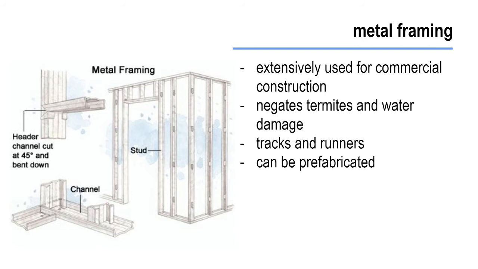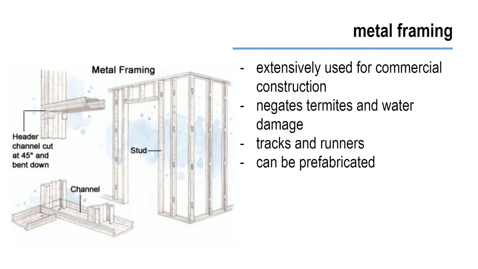So light gauge steel framing uses studs and joists just the same way that wood framing uses, but unlike wood framing, steel framing uses tracks and runners in place of bottom plates and top plates. The lighter, less expensive metal frames are not as strong as wood, so they're used a lot for interior partitions, or at least in conjunction with other structural materials.